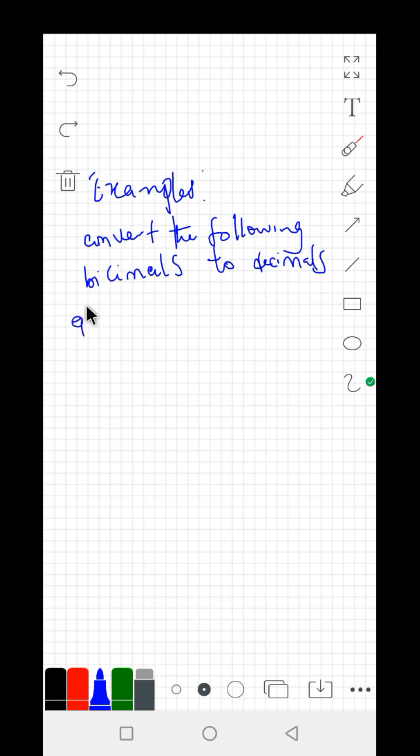So the first one is 1.0101. So to convert this, we assign a power of 0 to the whole number from here, and from here we assign a power of -1, -2, and -3.